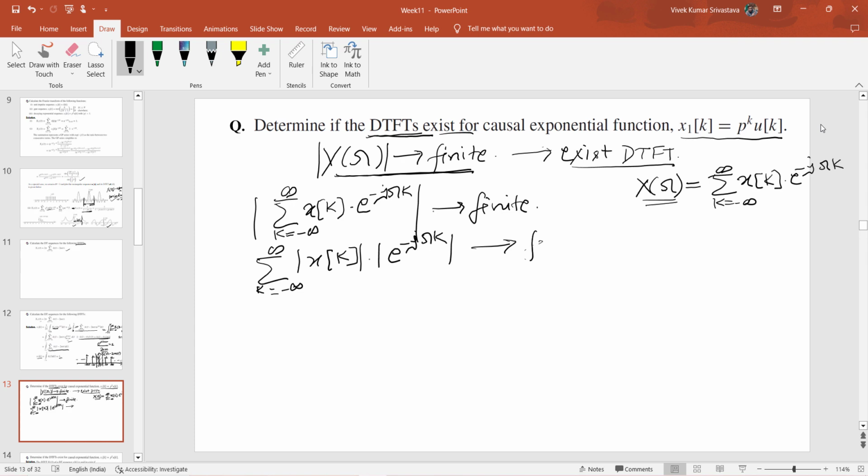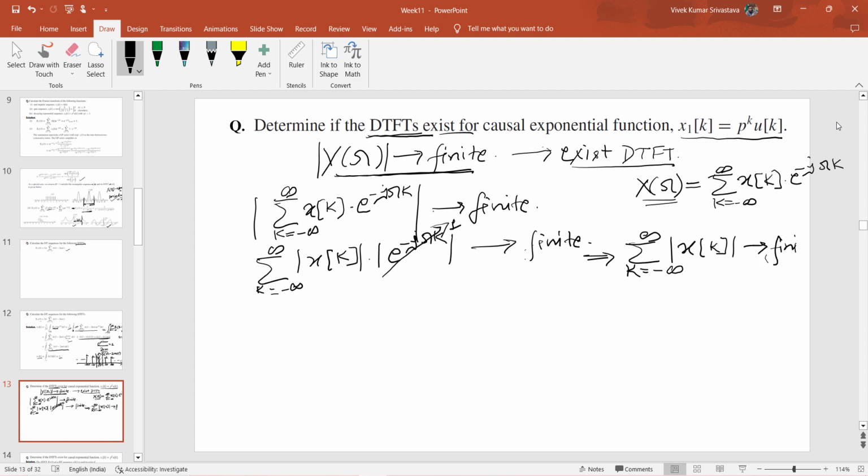this should be finite. Okay, so as we already know, the magnitude of the complex exponential function will be equal to 1, always the magnitude will be 1 here, so the remaining part will be the summation of k varies from minus infinite to infinite of mod of x of k, which should be finite.